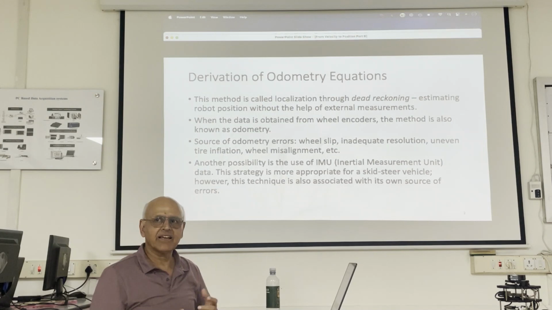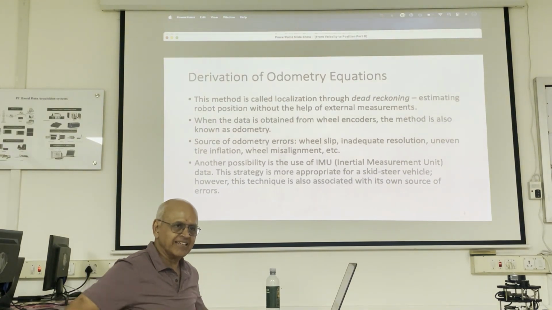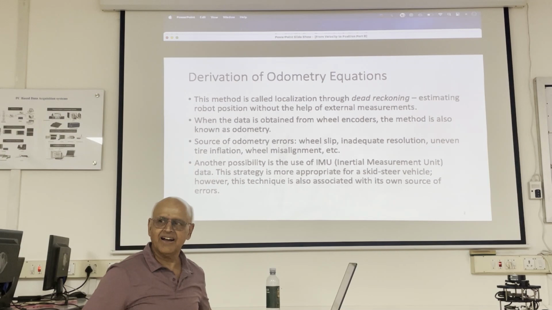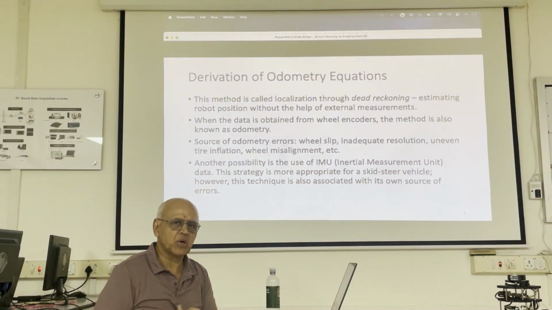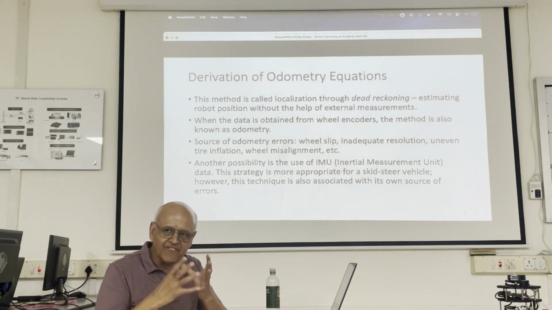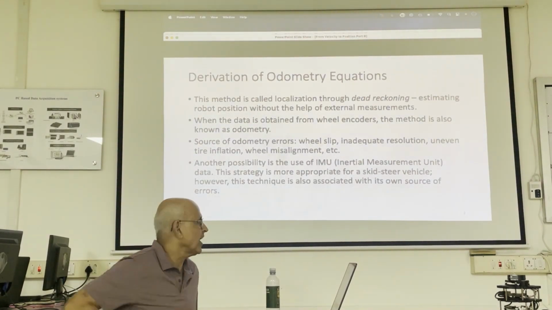When I look up and see a restaurant, that's an external measurement. But here you are counting the ticks generated by your wheel. It's like counting your own steps. That's why the word dead reckoning is apparently used, to convey that you're measuring yourself to figure out how far you've gone.